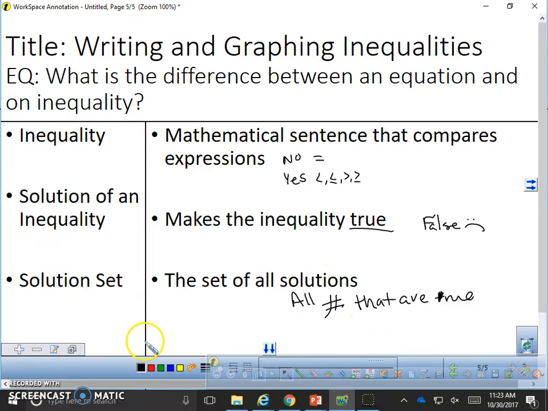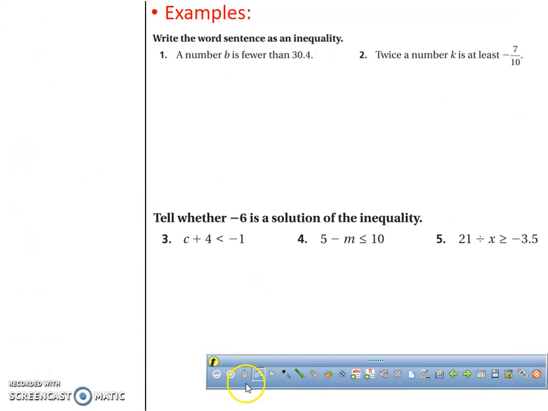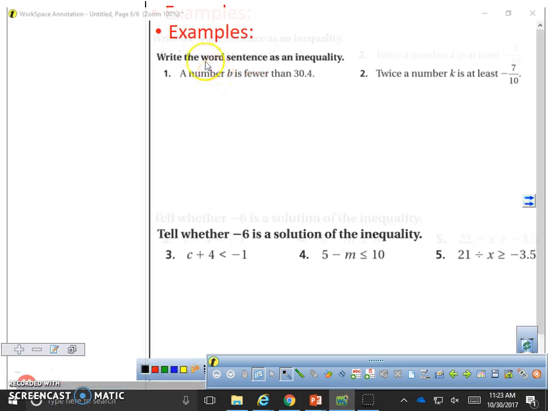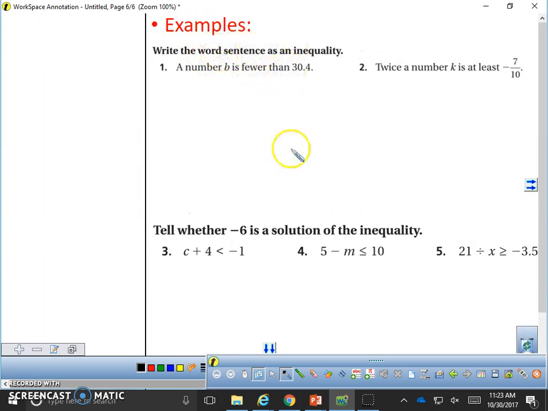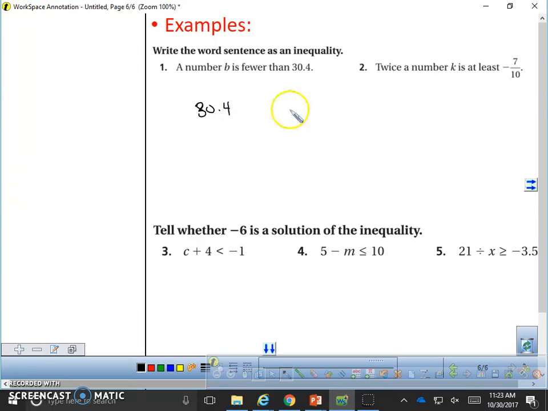Okay, let's go ahead and start off with, how do we write inequalities? All right, our first example, we're going to write the word sentence as an inequality. A number b is fewer than 30.4. So 30.4 and b, okay, a number is going to be less than it.